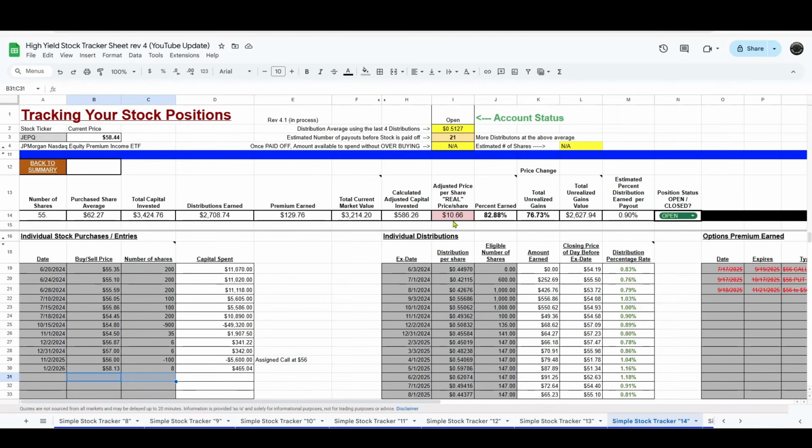But by doing so, that does extend out that payoff period for JEPQ. But like I said, if JEPQ is going to show me that it's moving up and to the right along with DIVO, then I'm willing to raise my average, and that's my adjusted average, up only because it moves up and to the right, which gives me also price appreciation.